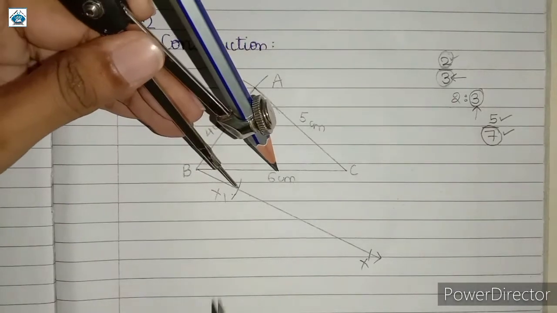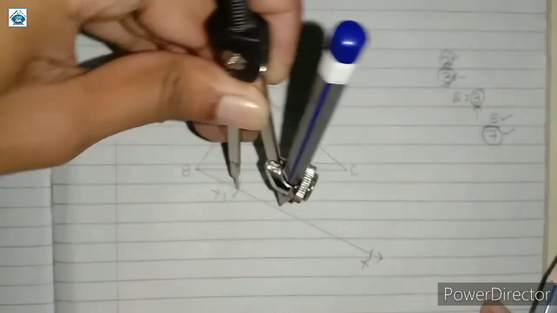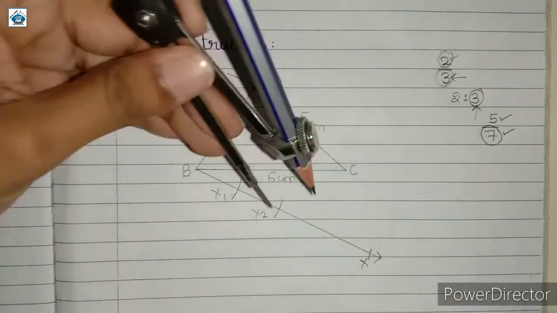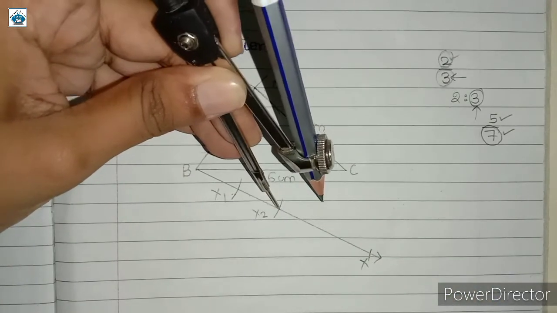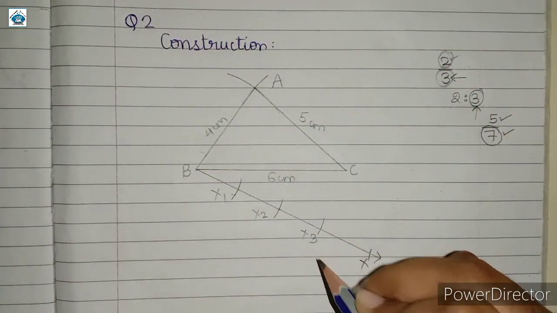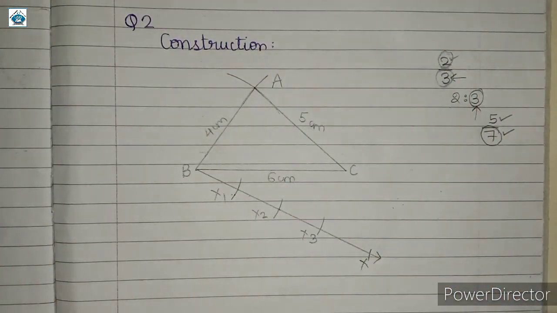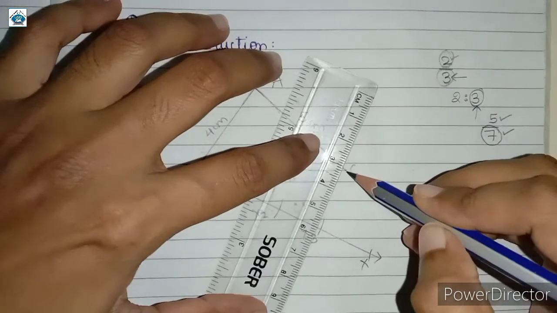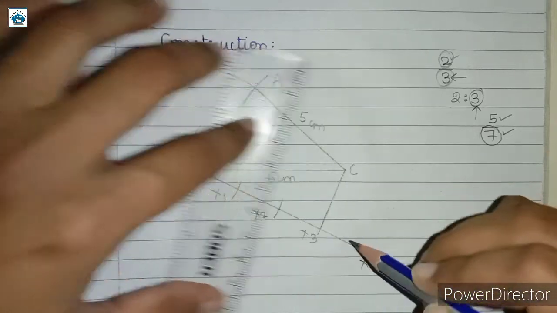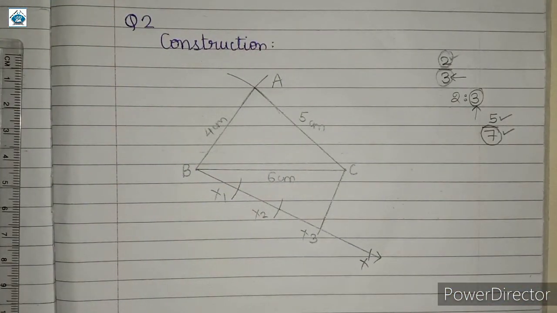Now, keeping the pointer at x1, draw another arc with the same radius. This will be x2, and draw the third arc with x2 as the center and the same radius. We get point x3. Now, we will join x3 to point C. So, here we have line segment CX3.